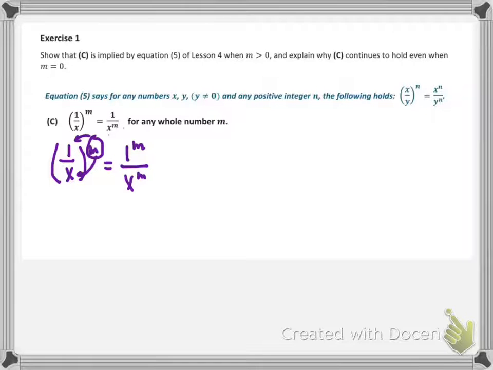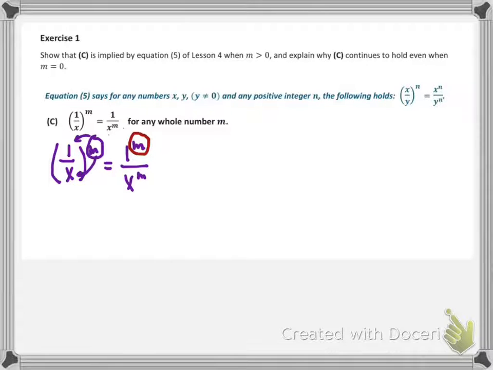Then 1 raised to any exponent means repeatedly multiplying 1 some number of times, 1 times 1 times 1 times 1, so no matter what, it's equal to 1.